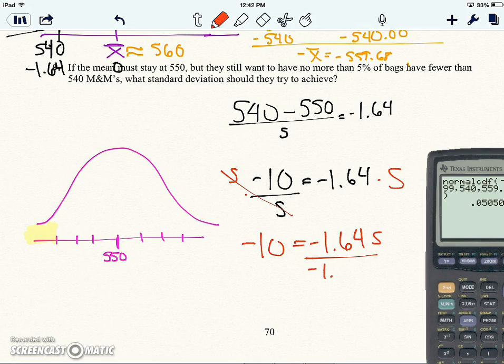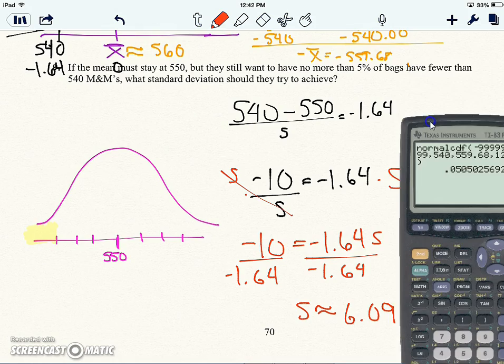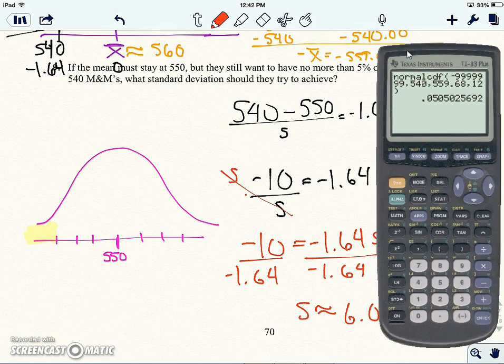Divide by negative 1.64, and you'll get an s that should be about 6.09. So they need to cut their standard deviation in half, okay, if they want to do that. So we could check ourselves again if we really wanted to, and I promise you that that would come out.